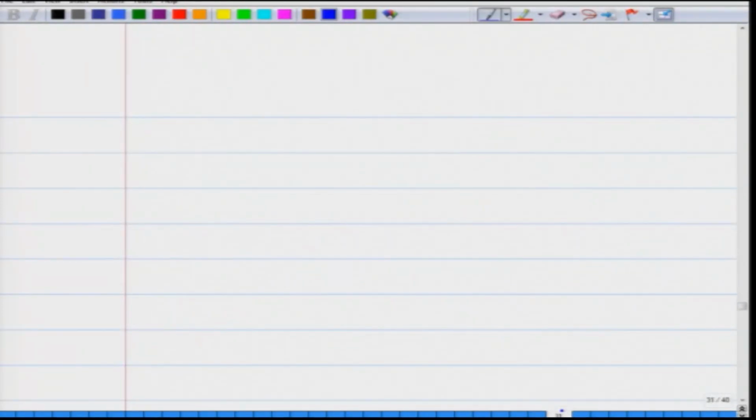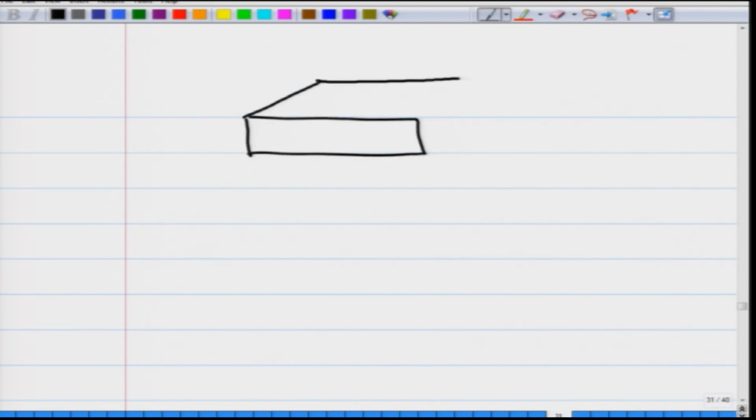Namely, if you have this sample, this is your hot end and this is your cold end, at temperature T1 which is higher and this at temperature T2, then the amount of heat current that is going to flow will depend on the gradient.